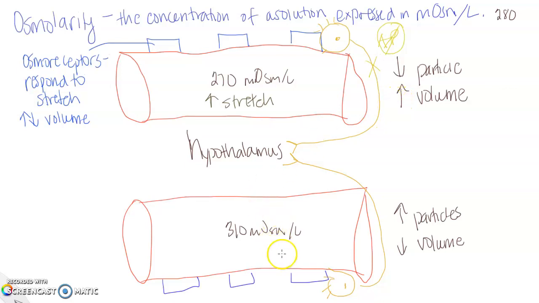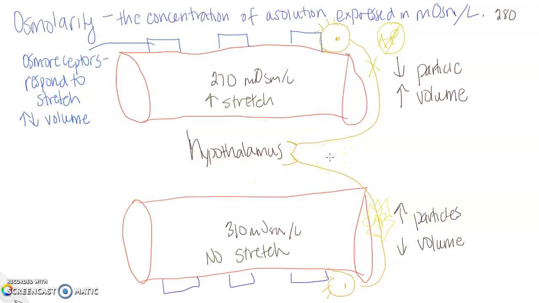All right. But down here, we have increased particles, so we have a lower volume. So down here, there's going to be little or no stretch occurring. So this nerve is going to send an action potential to the hypothalamus.